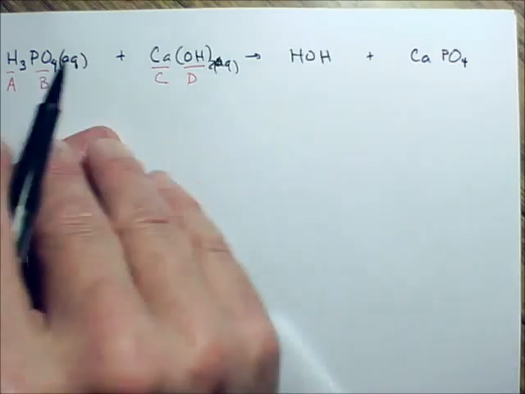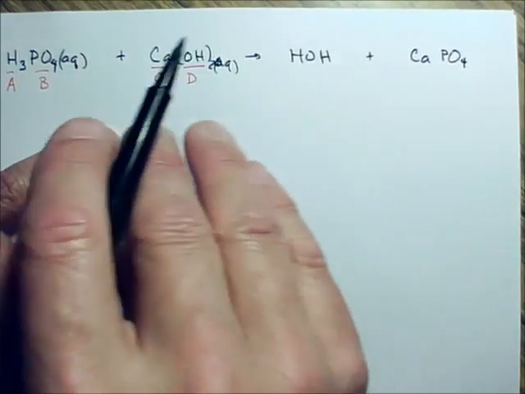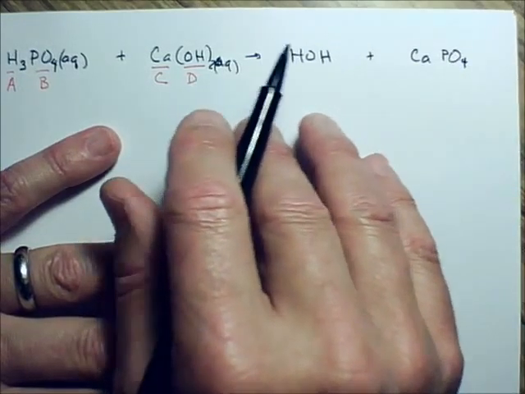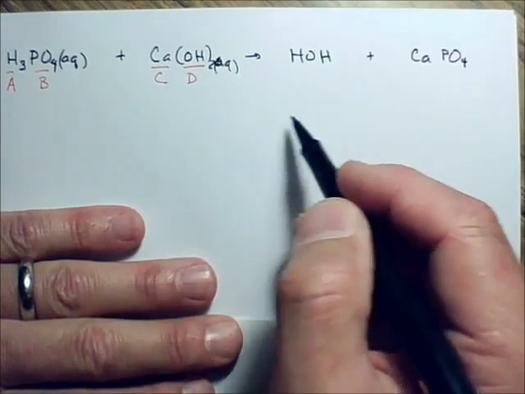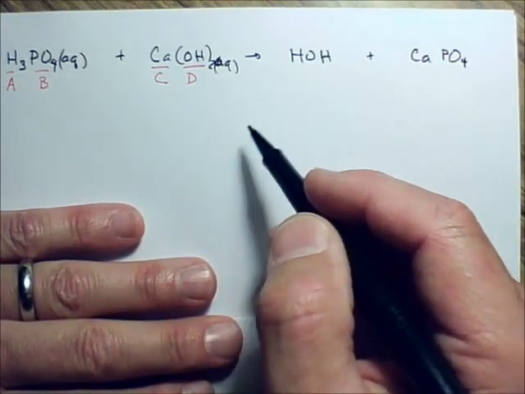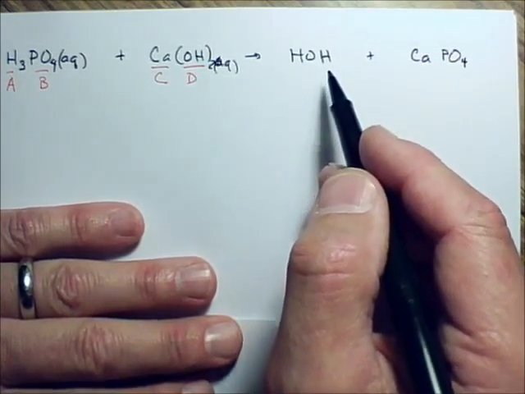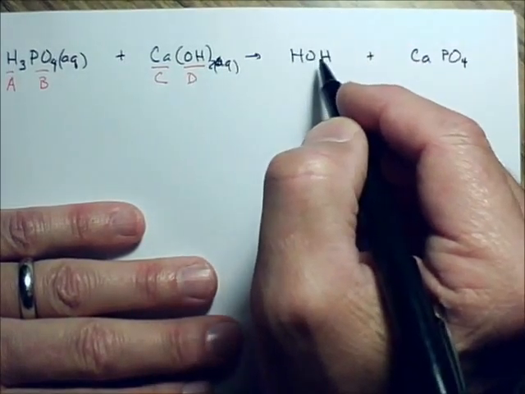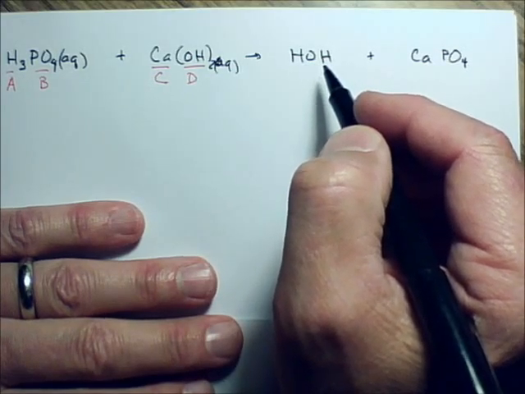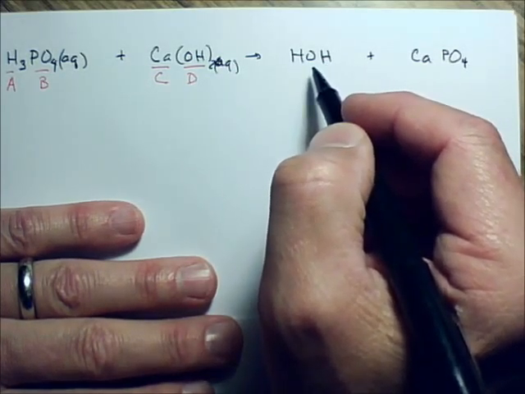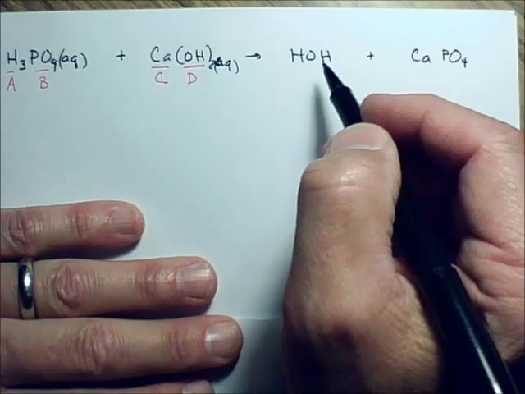So I need to do everything else. I need to balance the formulas, identify the physical states over here, and balance the overall equation with the atom inventory. You should know enough about water at this point to know this is already balanced. 2 hydrogens, 1 oxygen makes water, H2O, right?